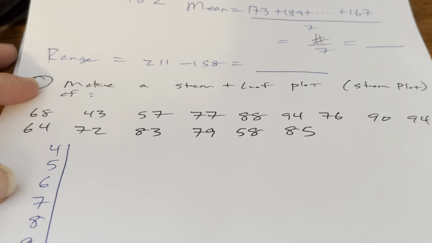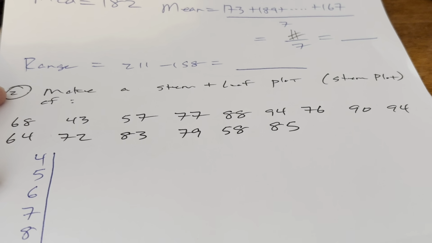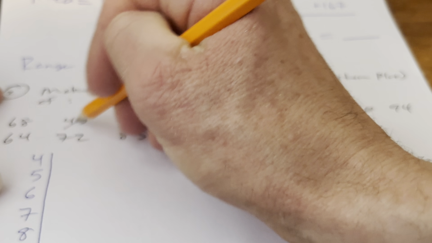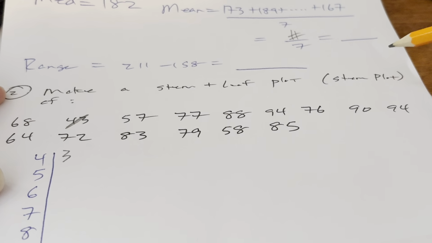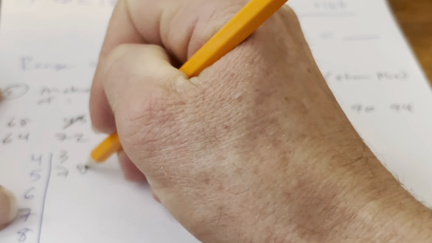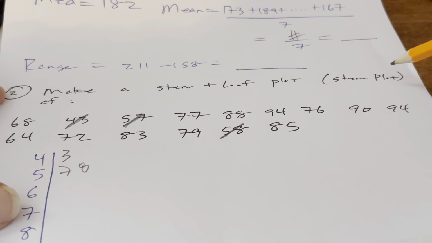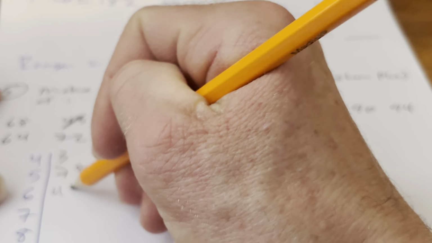I'm going to help you get started on this. There's all the data. You should be able to see it. So you've got the number 43. Any other numbers in the 40s? I don't see any. Then we have 57, then 58. Then in the 60s, I have 64 and 68.